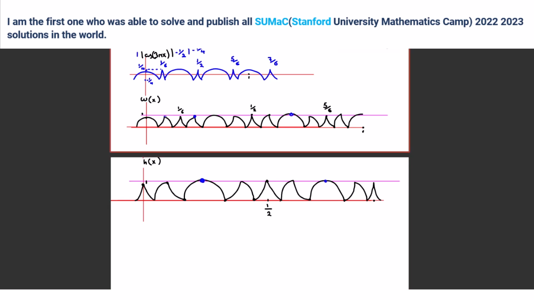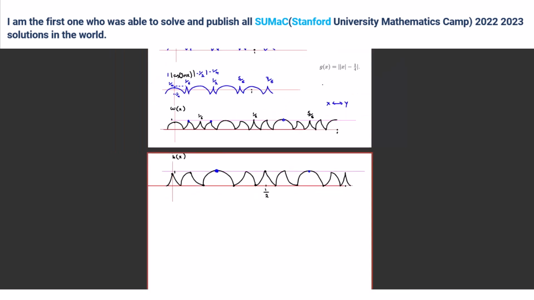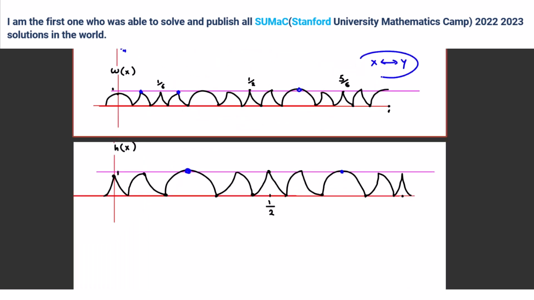Now we want to find the number of intersections of these two functions, but here we should switch x and y. Want a hint for this part or want to try on your own? We want to find the number of intersections if you switch x and y here, and with this function, see how many intersections there are. Want a hint or want to try on your own?